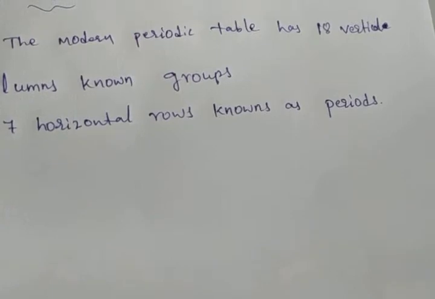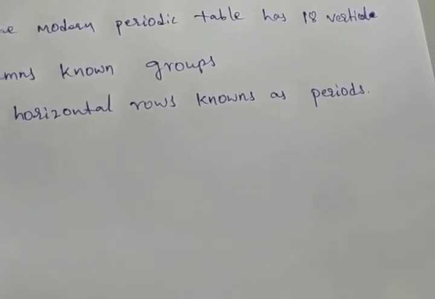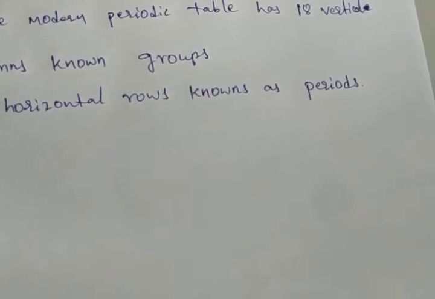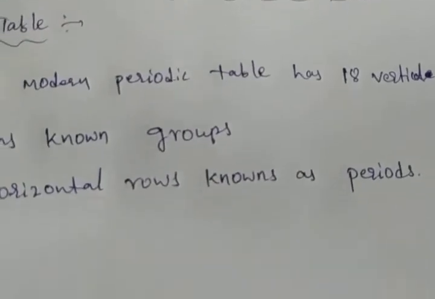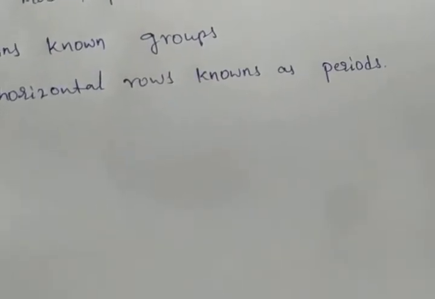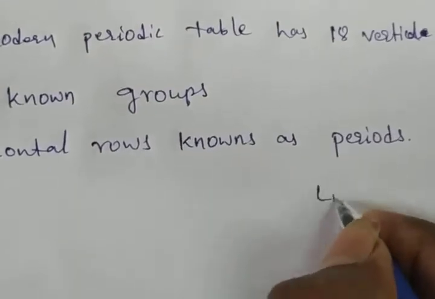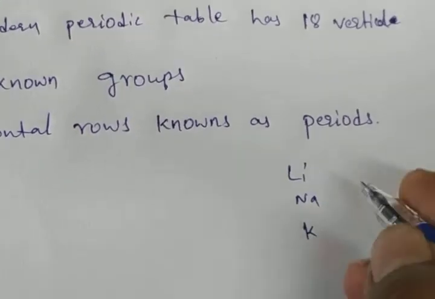What similarity do you find in their electronic configuration? How many valency electrons are present in the 3 elements? Check the group 1 elements: lithium, sodium, potassium.